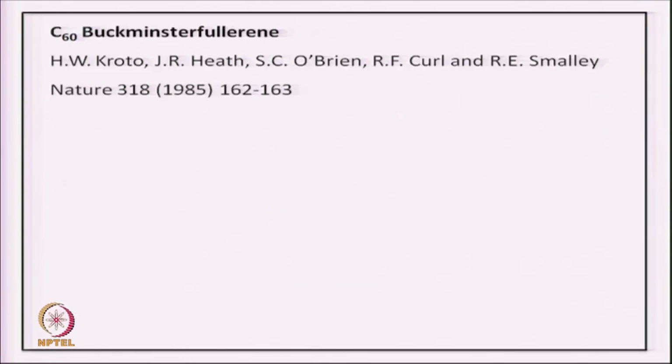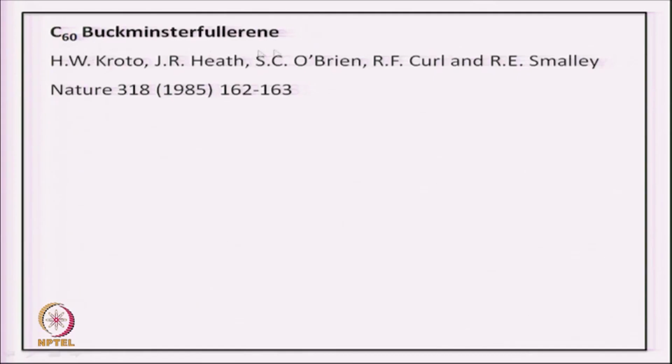The discovery was reported in an article titled C60 Buckminsterfullerene. A new molecule was discovered by the authors Kroto, Heath, O'Brien, Curl and Smalley, and they published their report in the famous journal Nature in 1985. It was a very short article, only 2 pages, 162 to 163.